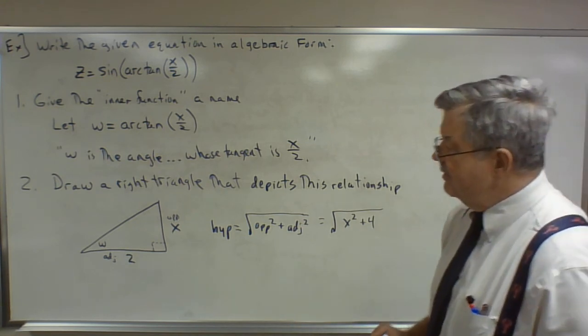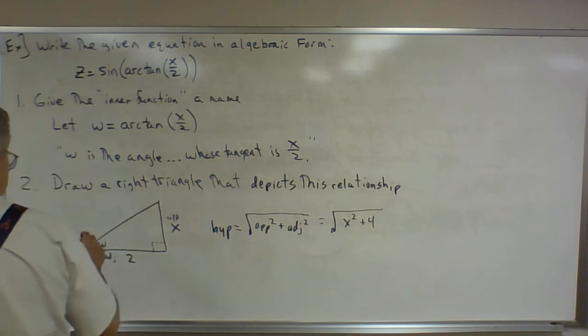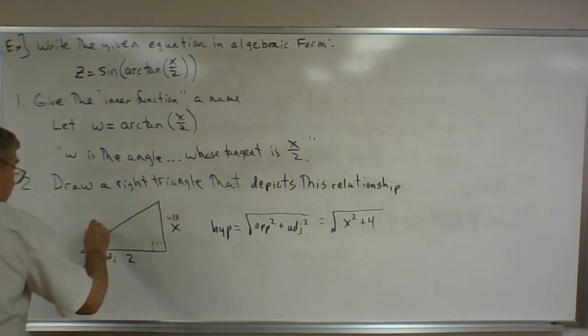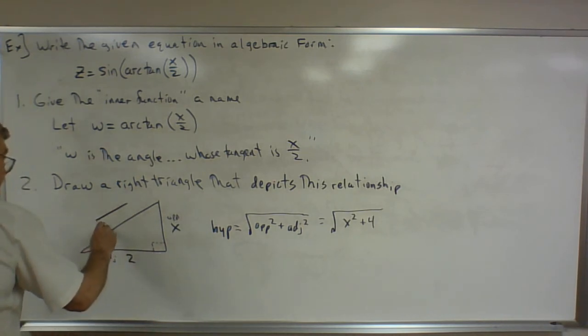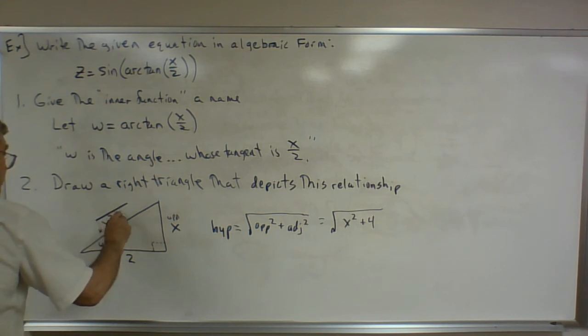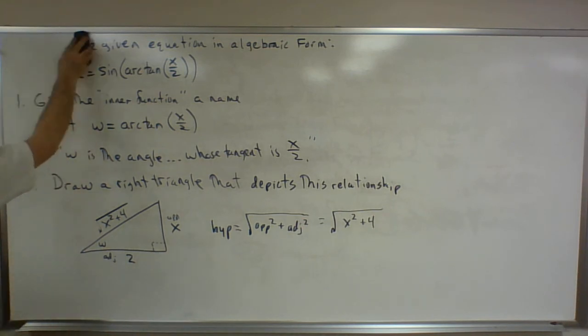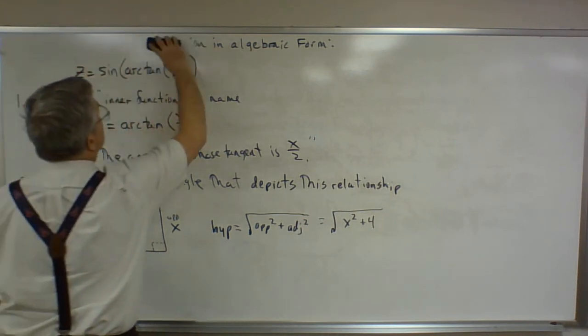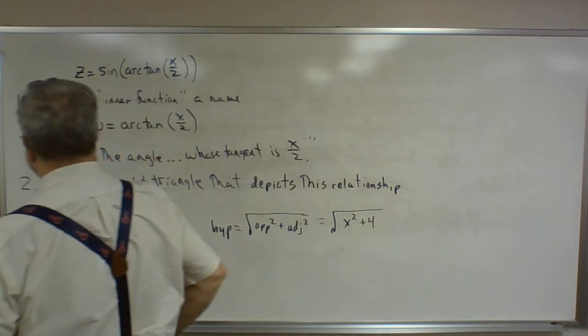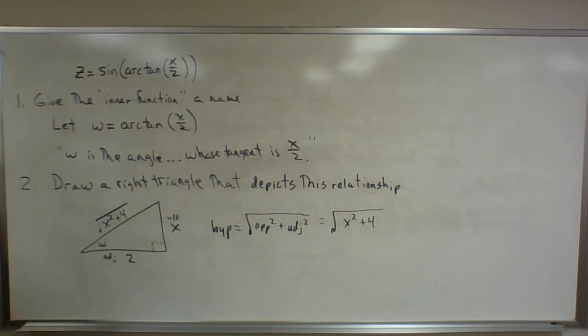That's our hypotenuse. So let's put it up here. Here's our hypotenuse, square root of x squared plus 4. Now we'll go to the third step. And maybe I'll put it down here.